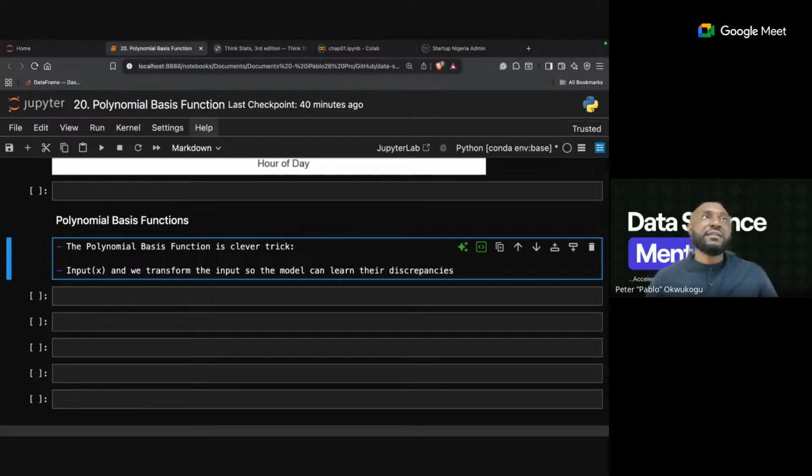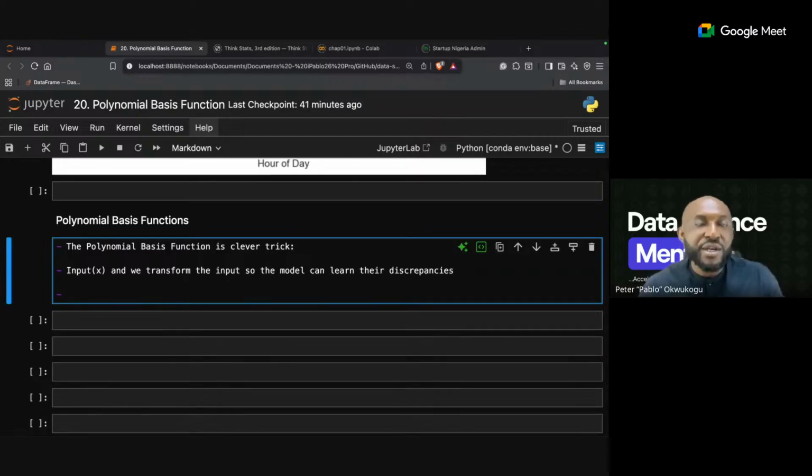Think about it like real life. The polynomial basis function will take an input X and transform the input to versions like, say, x raised to power 2 or x raised to power 3, right?